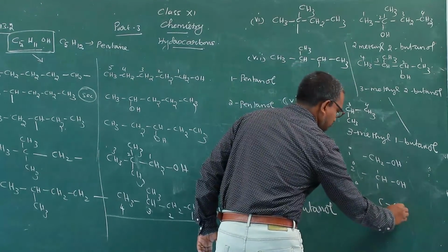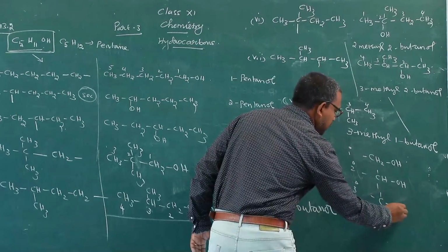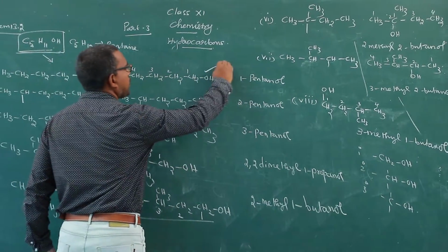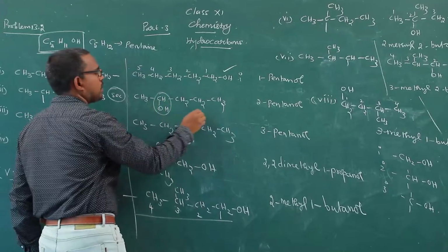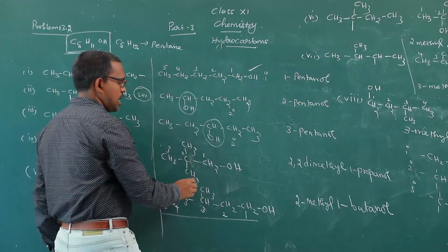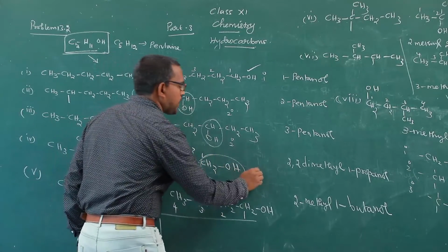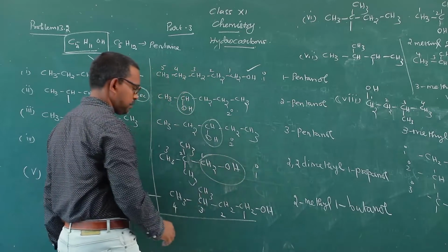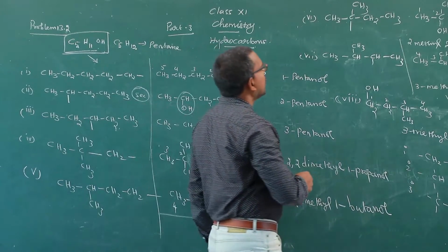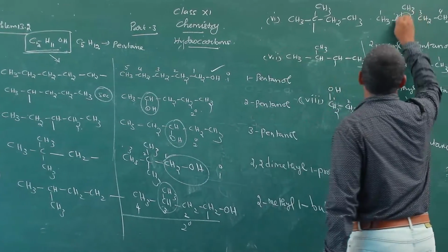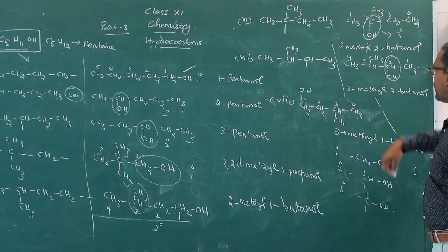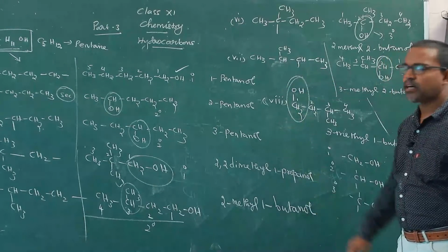Tertiary: COH, where the OH group is attached to a carbon with no hydrogen. So you can identify which compounds are primary, secondary or tertiary alcohols.